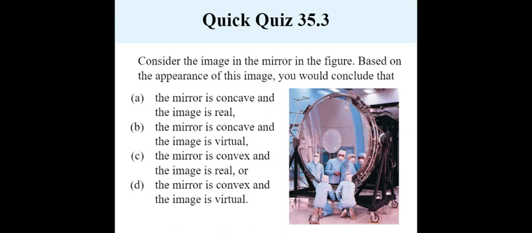Okay, so this is a photograph of scientists working on the primary mirror of the Hubble Space Telescope. The question is, based on the reflection that you see, what kind of mirror could this be? So let's talk about the reflection. The reflection is upright, so that means it's virtual.